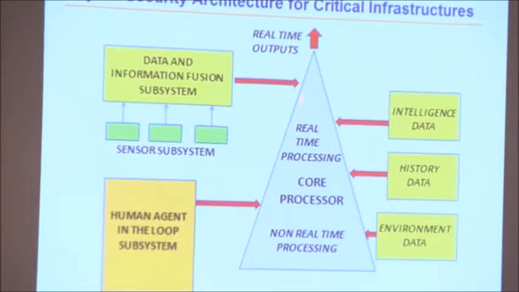This is the so-called map-reduce algorithm that has been used for the first time by Google. Okay, some description about this system. Of course, we have heterogeneous data. We have intelligent external sources.